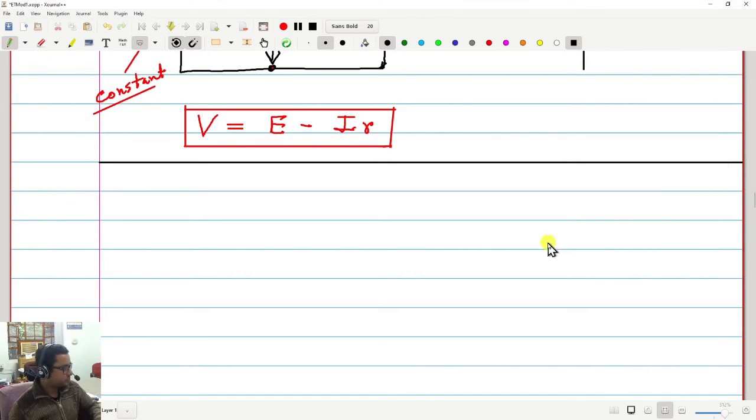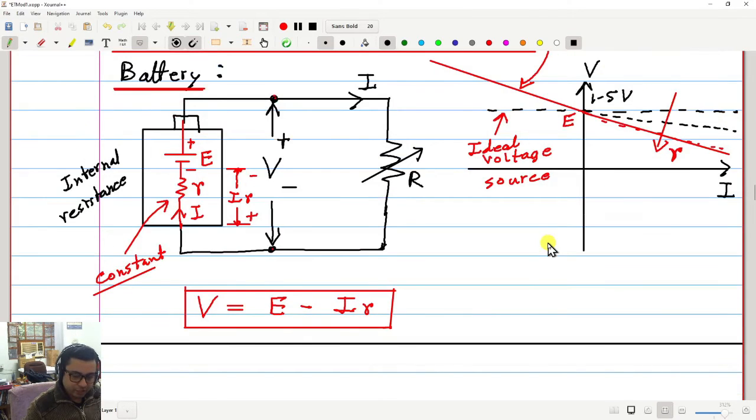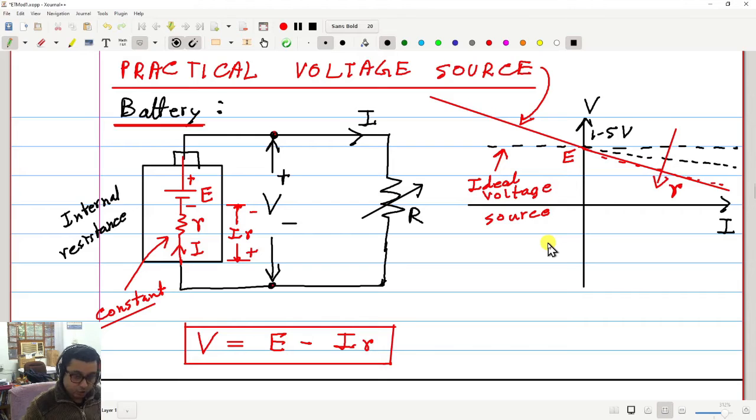Sir, as per the given representation of signs, the equation is V equal to IR minus E, no? No, you see, V I am taking as a voltage drop from here to here. V is a drop, from the top side to the bottom side.